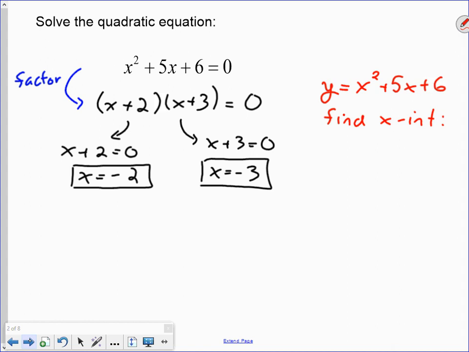So we would know that our x-intercepts would be at x equals -2 and x equals -3. Because these two questions of solving a quadratic equation and finding the x-intercepts of a quadratic relation are really the same question.